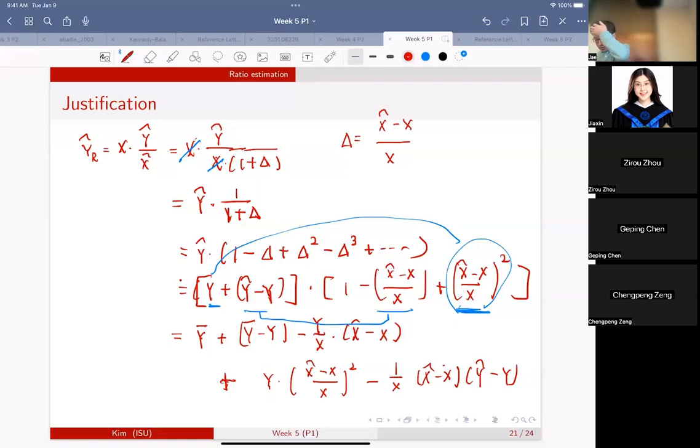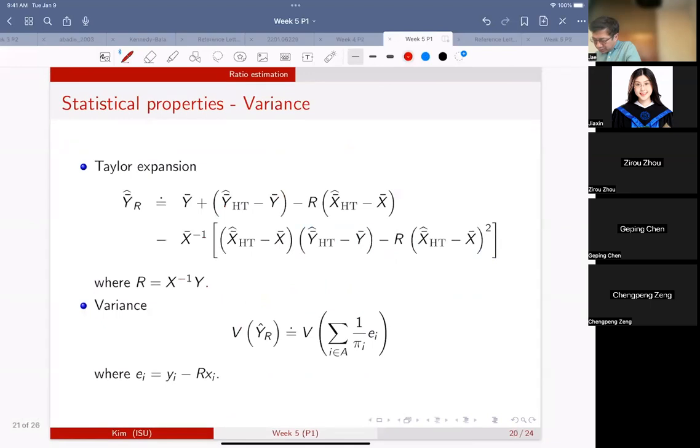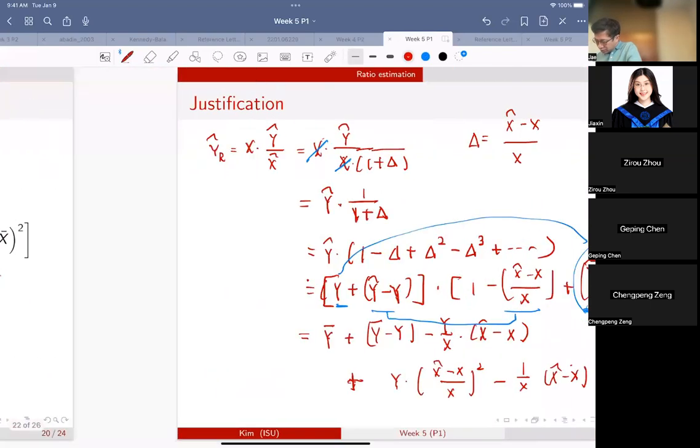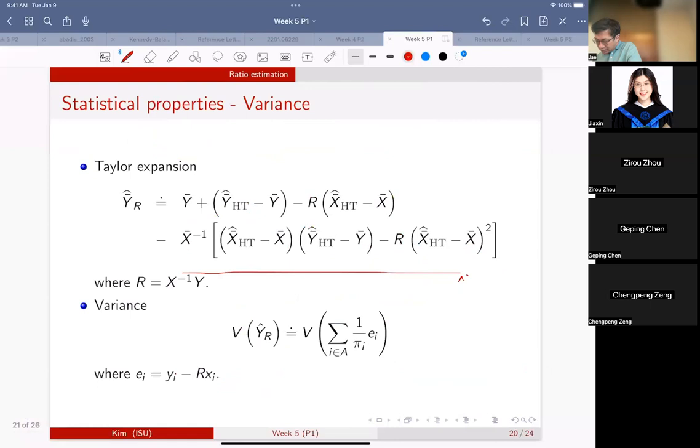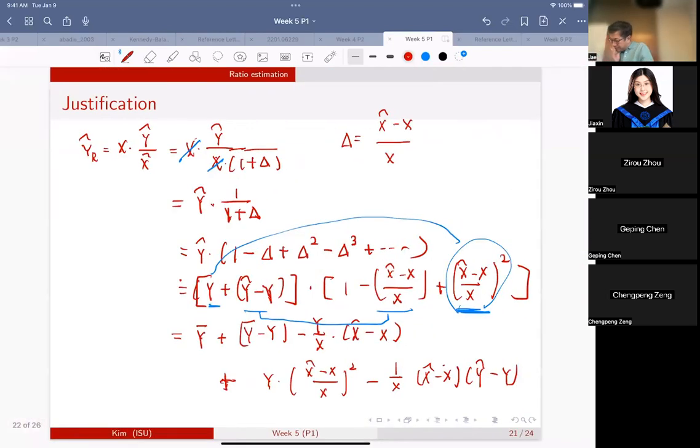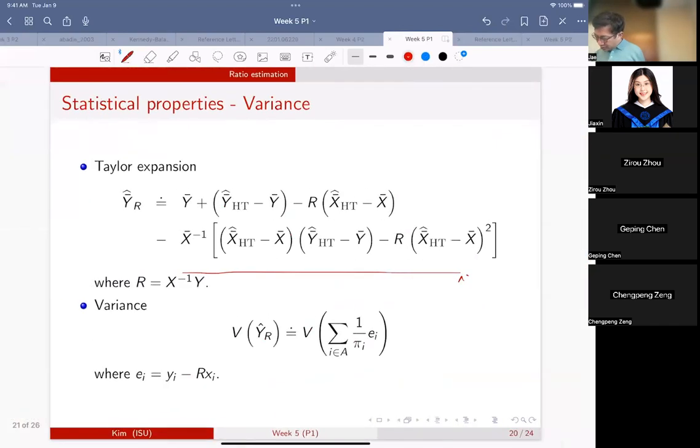Okay, so that is basically this result. Yeah, should be the same. So that's the derivation of this. And then notice the expected order of this one.